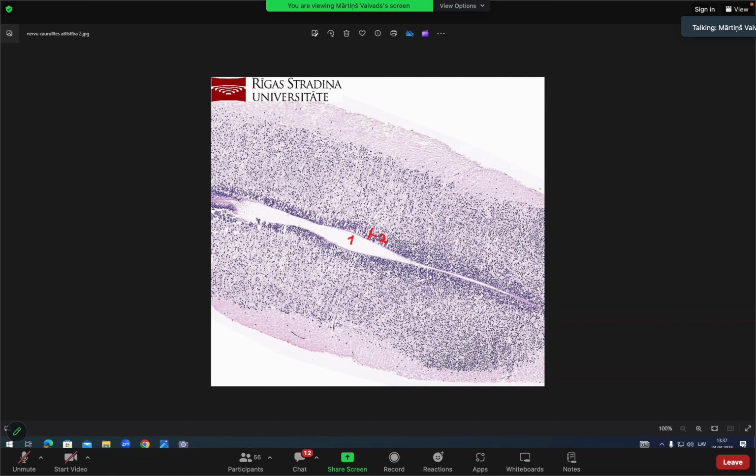So number 2, ventricular zone. From this zone, it will form ependymal cells.